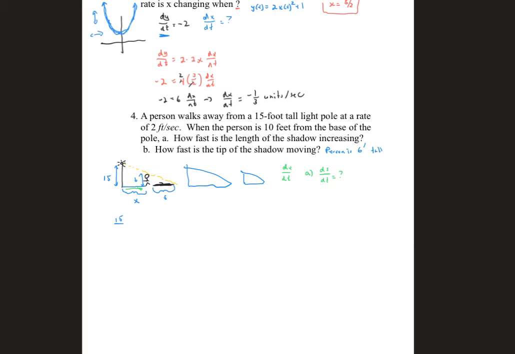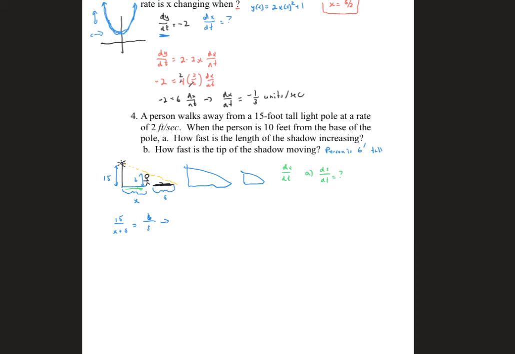So in our similar triangles, we have 15 over x plus s, and I have to be careful that that doesn't look like a 5, is going to be the same as 6 in the small triangle over just the s. In a proportion, we know that the cross products are equal.